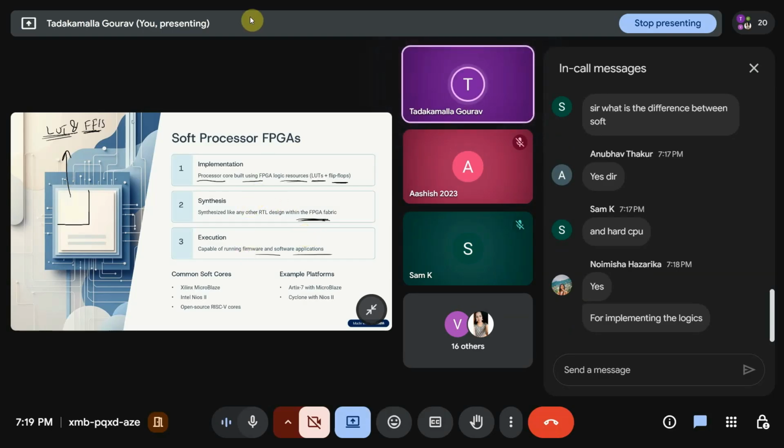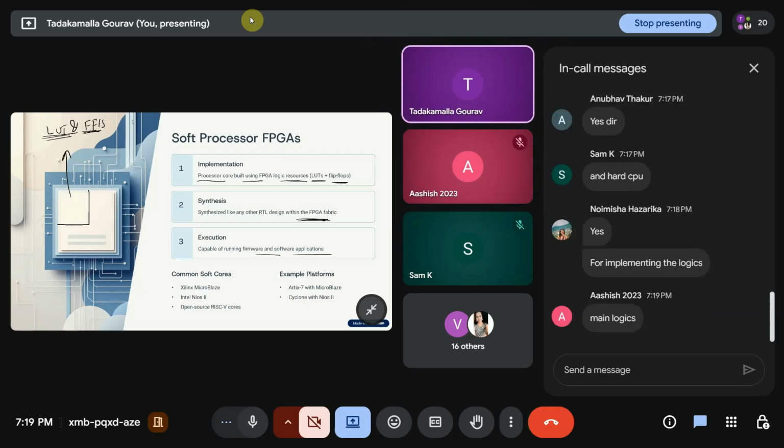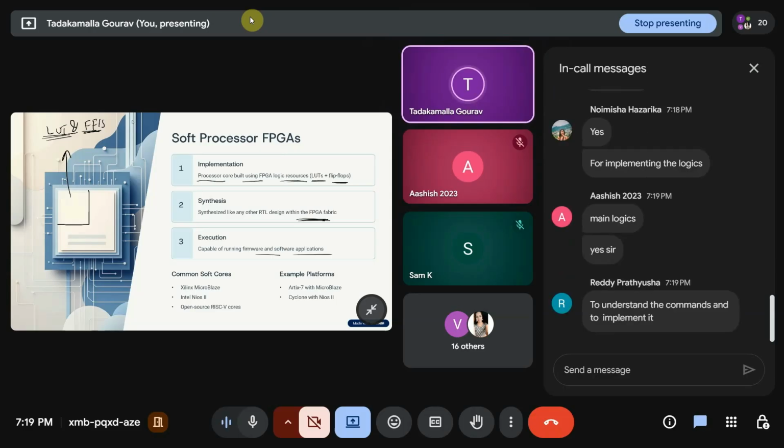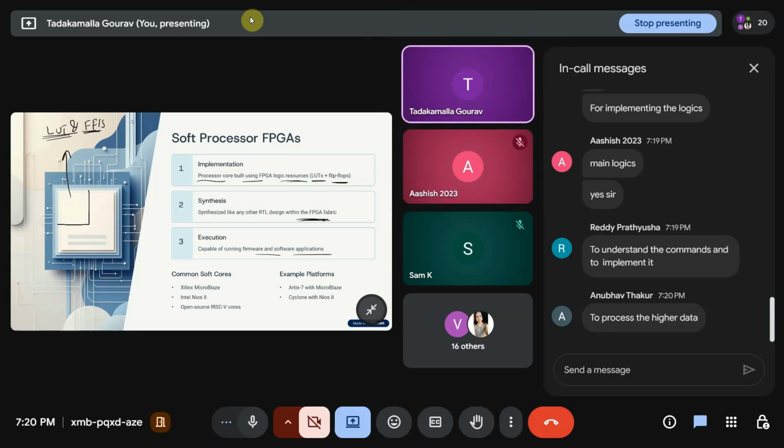For implementing the logics, okay. Main logics, okay. I'm expecting answers like to understand the commands and to implement them, okay. To process the higher data, okay.